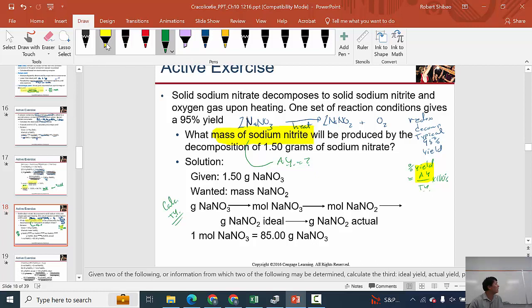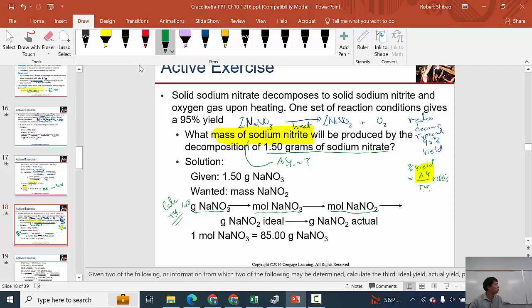Looking at the stoichiometry here, we go from grams of sodium nitrate to moles of sodium nitrate, because we have 1.5 grams of sodium nitrate. In theory, how much sodium nitrite can be produced from this? We start off with 1.50 grams of sodium nitrate, convert that to moles of sodium nitrate, then go from moles of sodium nitrate to moles of sodium nitrite.